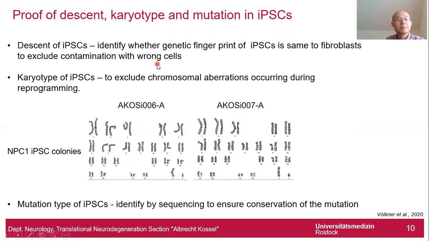And also, the karyotype of iPS should be proved to exclude chromosome aberrations occurring during reprogramming. And the mutation type of iPS, of course, should also be identified by sequencing to ensure that the conserved mutation is the same as in the fibroblasts.